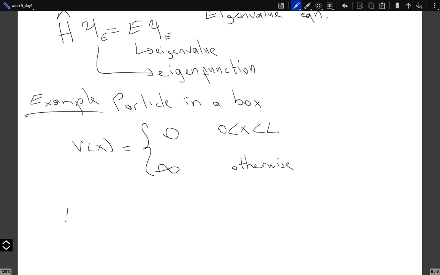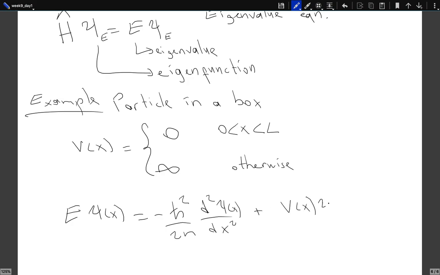Well, let's look at our equation. E psi should be equal to minus h bar squared over 2m d squared psi by dx squared plus V of x psi of x. Now, why did I ask my wave function to be differentiable?